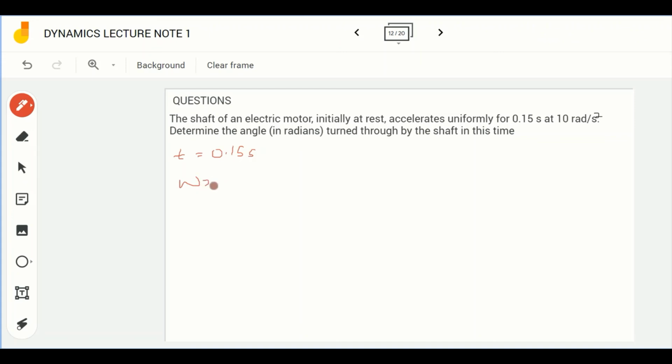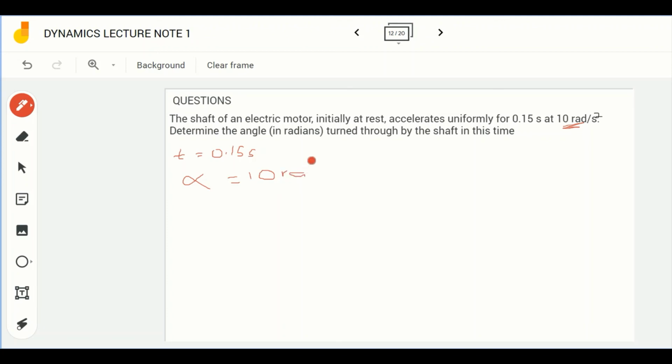What is this, my angular what? Acceleration. That is my angular acceleration, given as 10 rads per second squared.